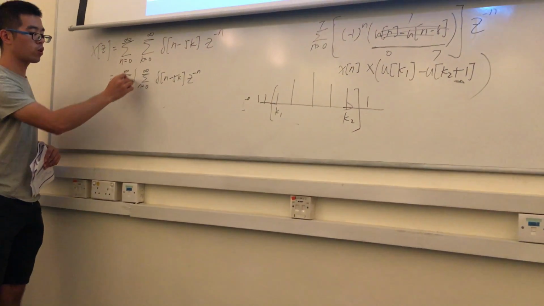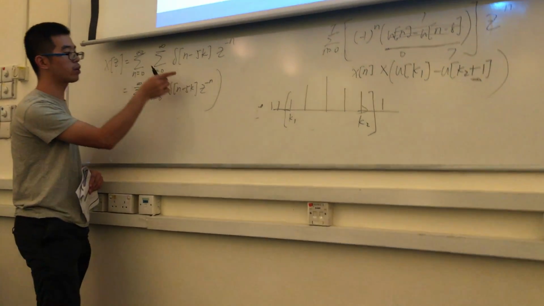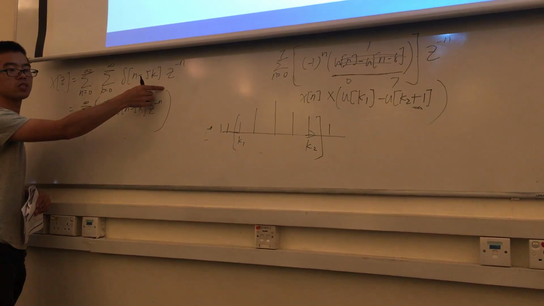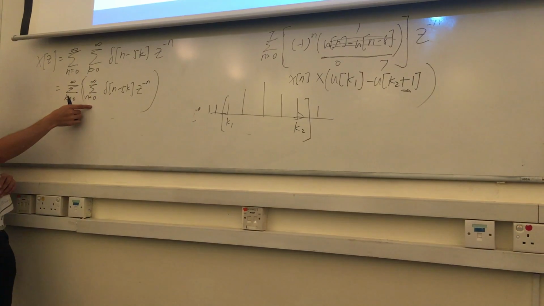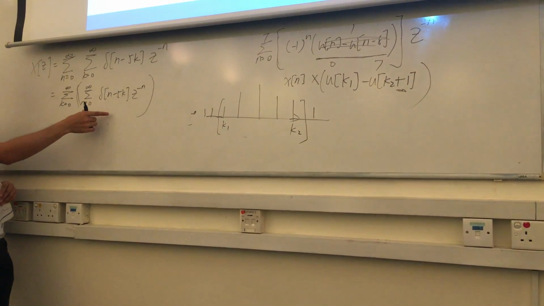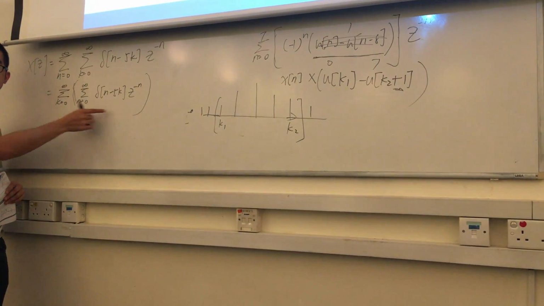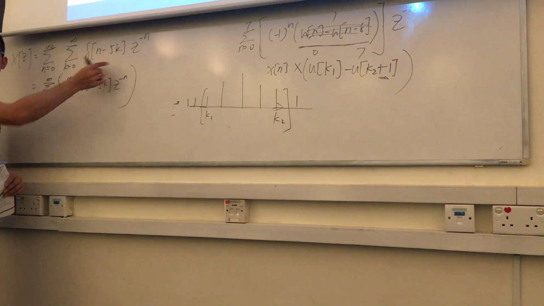In this case, we can firstly calculate the Z transform of this part, because the original signal is the summation of many components, right? If we can change the order of these two summations, we just calculate the Z transform of each component and then add them together. Because each component is very easy to calculate.